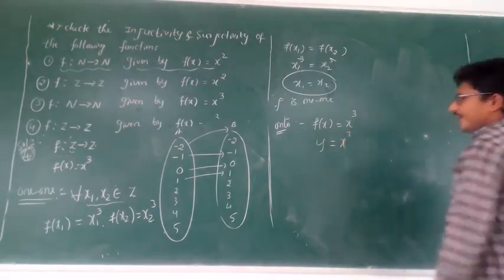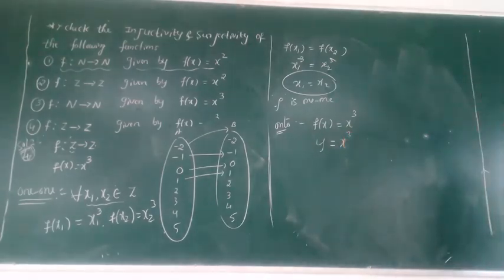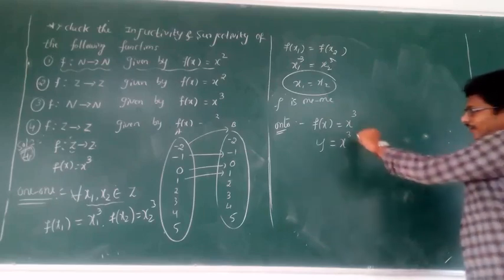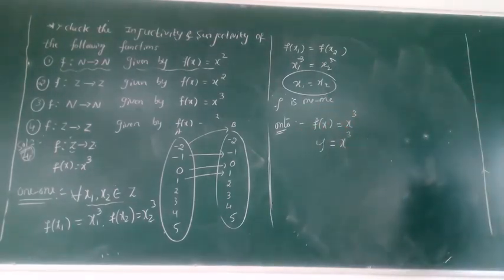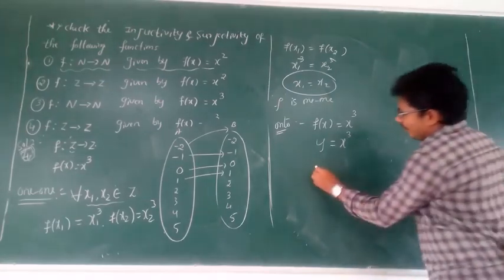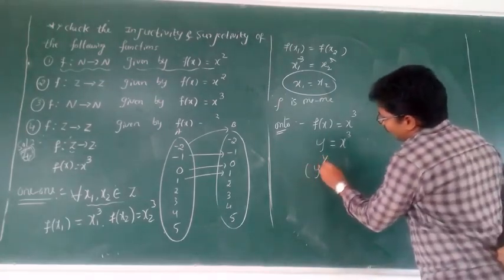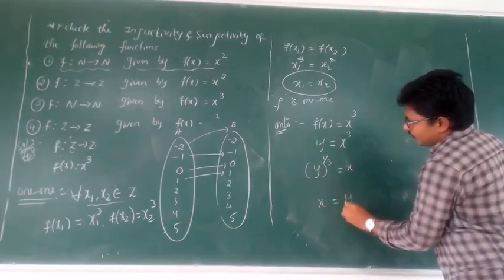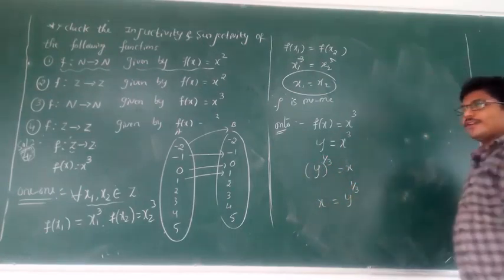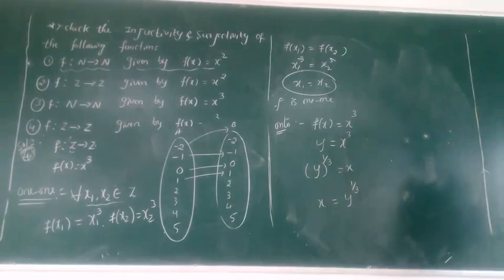We always keep x as the only element on the RHS side. So the cube is shifted to the LHS side, and it converts into 1 by 3. So x is equal to y raised to 1 by 3.